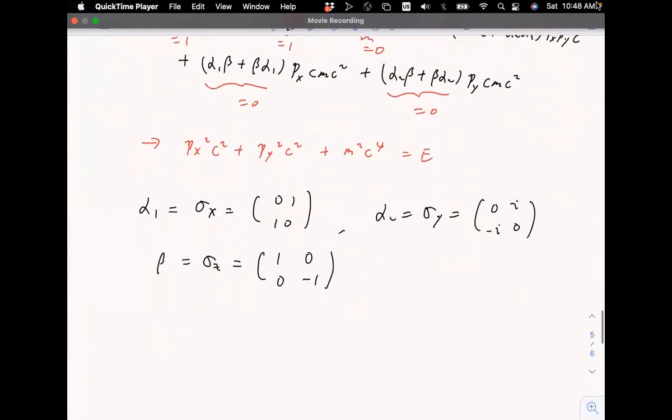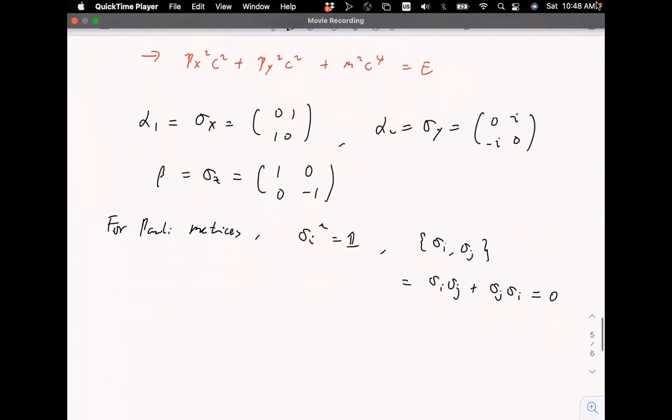Then you can readily confirm that for Pauli matrices, sigma i square will equal 1, where i is x, y, z. And then if you use this, this means that the anti-commutator will be 0.